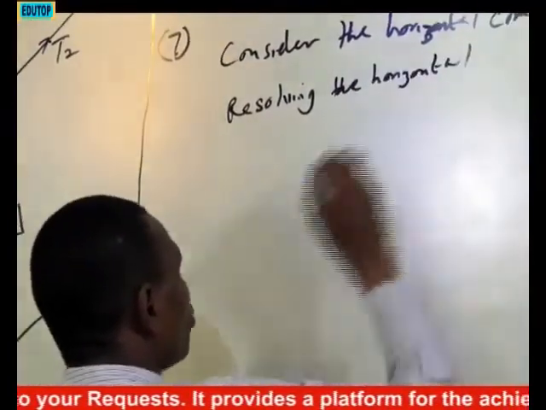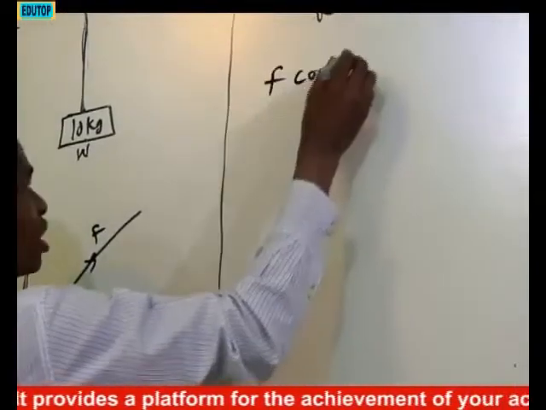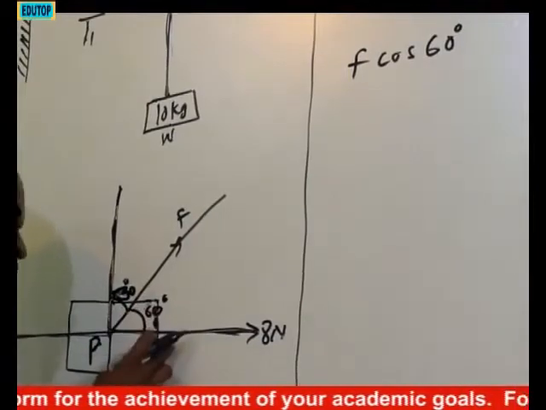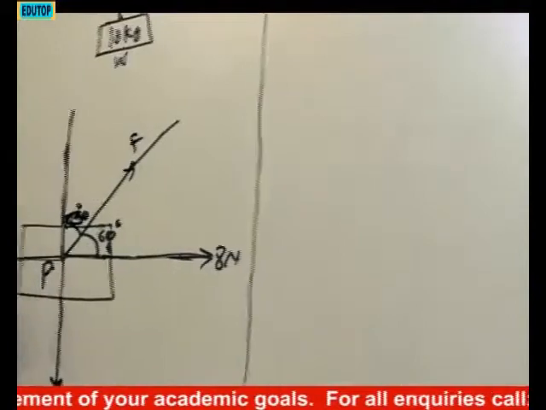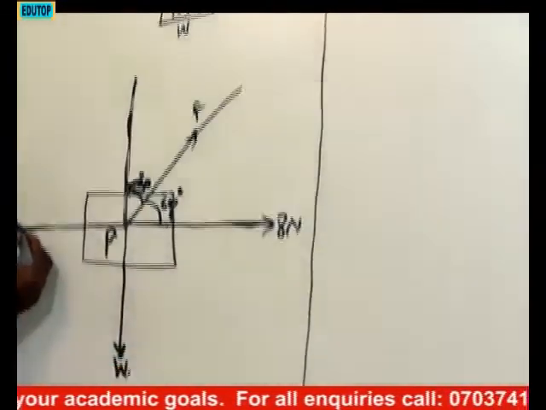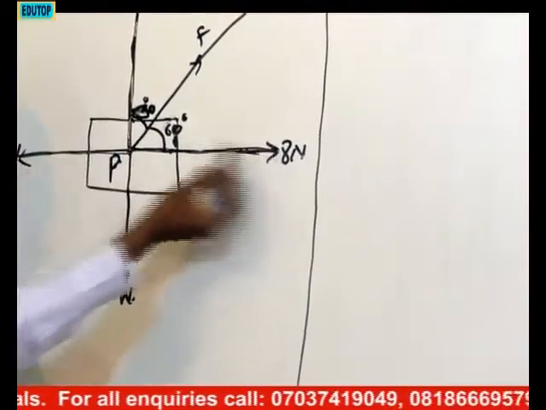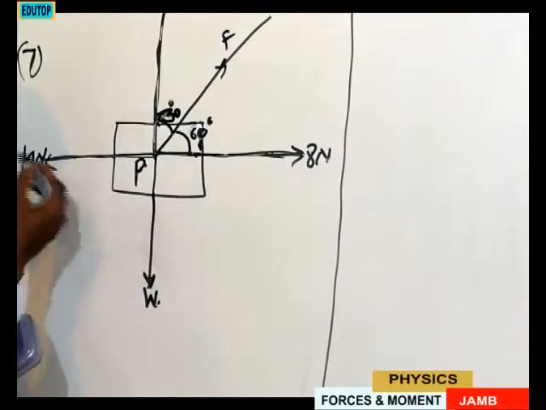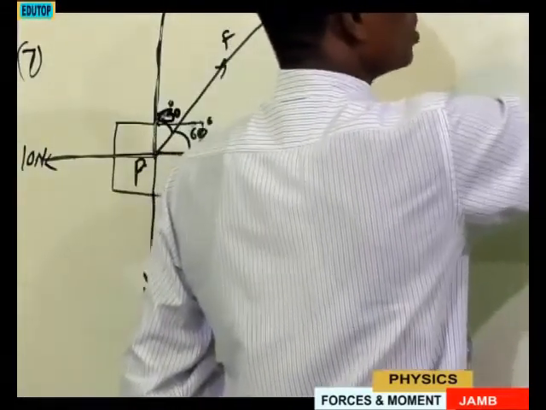To resolve the horizontal components, we are going to have F cos 60 degrees. F cos 60 degrees will be equal to, look at the two forces in the horizontal. They are in different directions, and once they are in different directions, we subtract the two forces from each other. This gives us 10 minus 8.